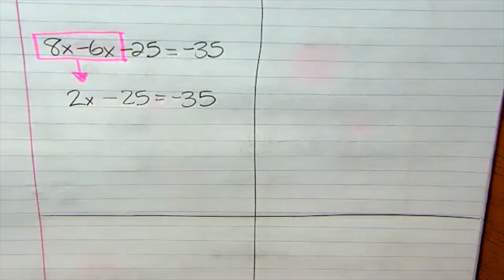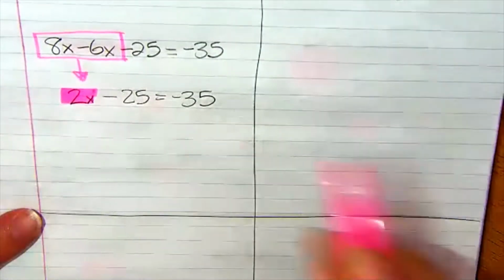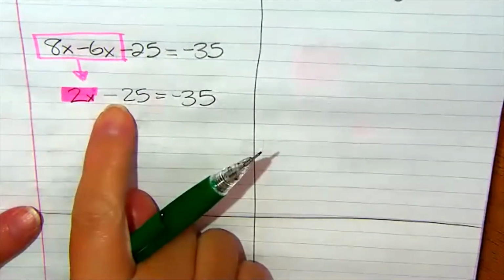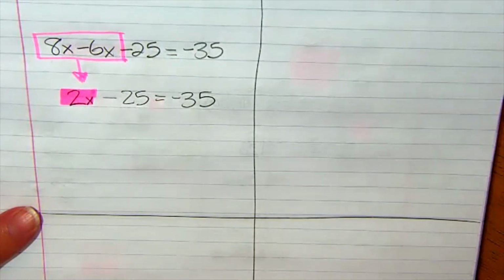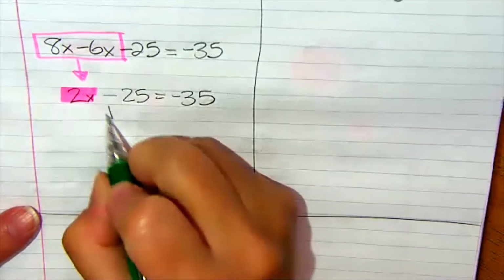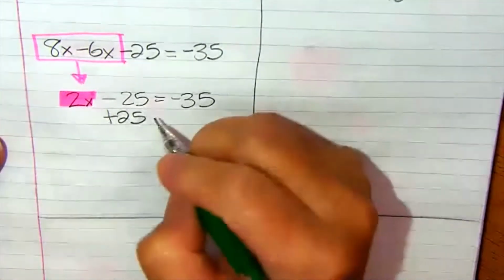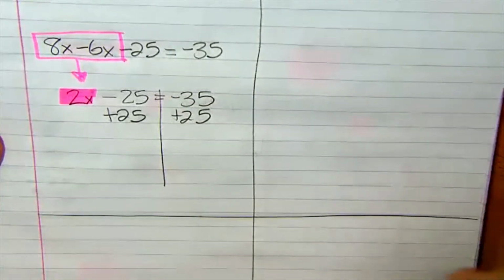And then this is what we did yesterday. We need to isolate the variable. But to do that, I need to undo negative 25. So to undo negative 25, I'm going to add 25. And what I do to one side, I must do to the other.